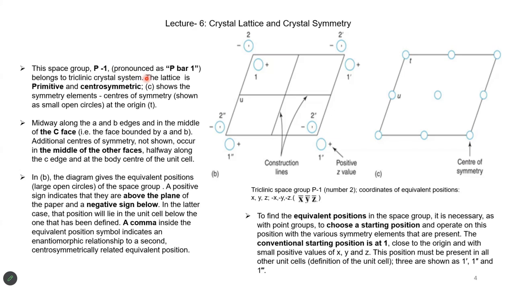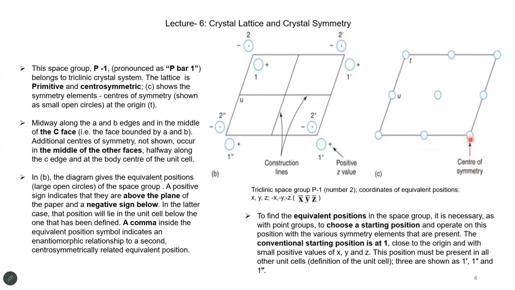What happens? We immediately say that the bar 1 means it has a centrosymmetric point. Centrosymmetric point means you have a center of symmetry. So here in the right-hand diagram, we show the center of symmetry elements, only one kind of symmetry element, that is, the center of symmetry.